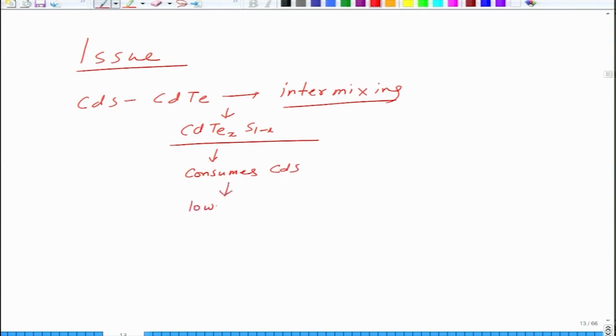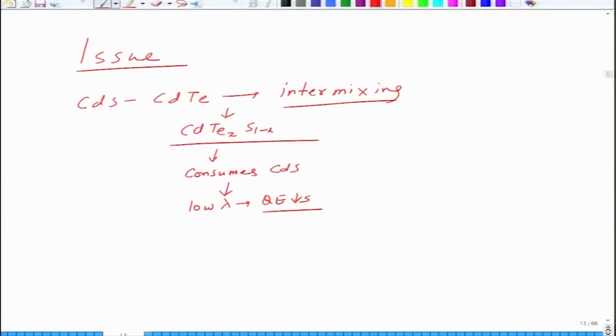As a result, low wavelength QE reduces, okay, because CdS is a high band gap material. It is mainly used for the lower wavelength side absorption, and when it gets consumed, the amount of CdS is reduced, and hence it reduces the quantum efficiency on the lower wavelength side or higher energy side. And again this is prevented by CdCl2 treatment to some extent.